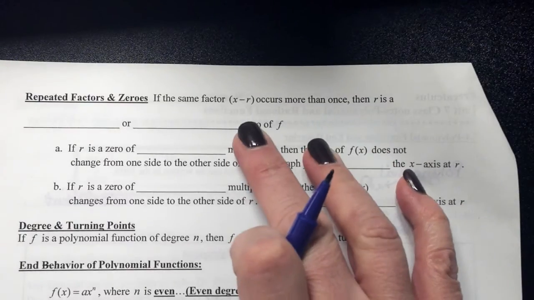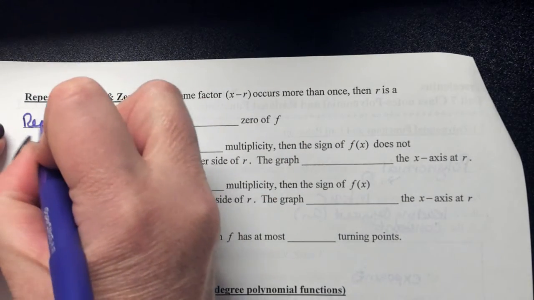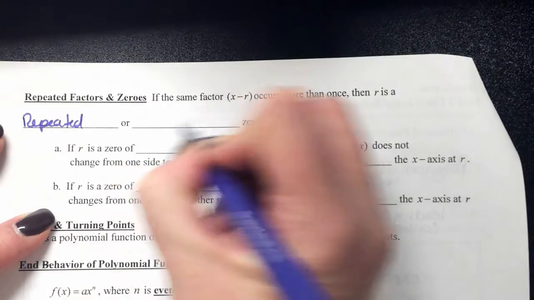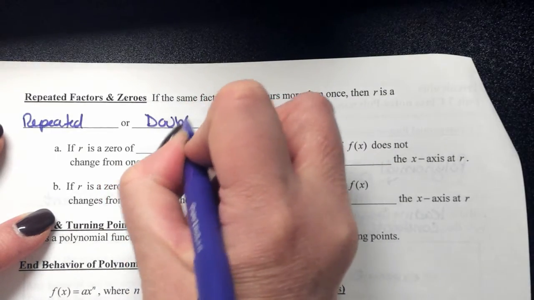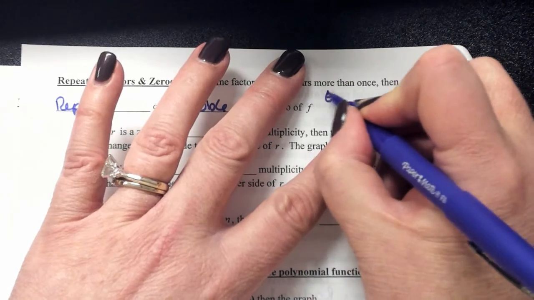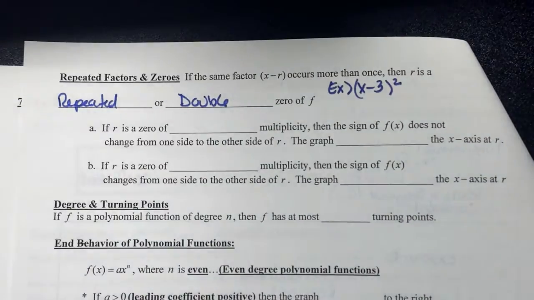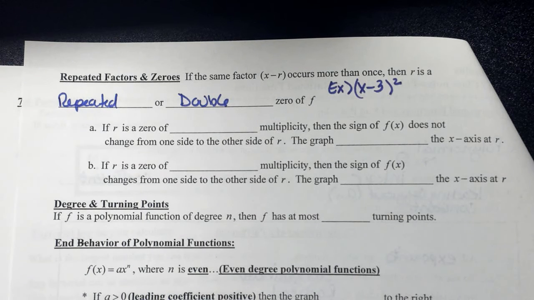So if you factor an expression and a factor occurs more than once, we call this a repeated or double zero of f. So for example, if when you factor something, you end up with an x minus 3 to the second power, that's what we call a double root or a double zero.